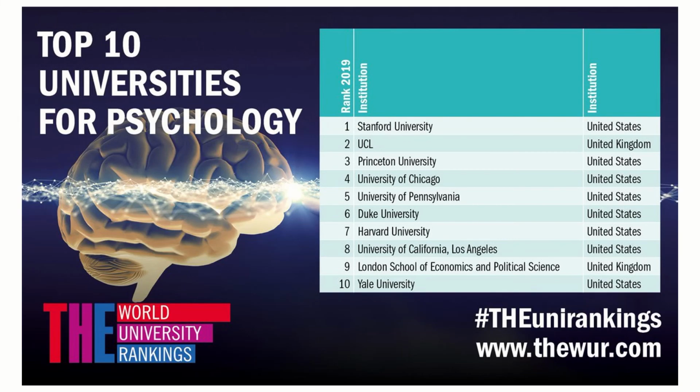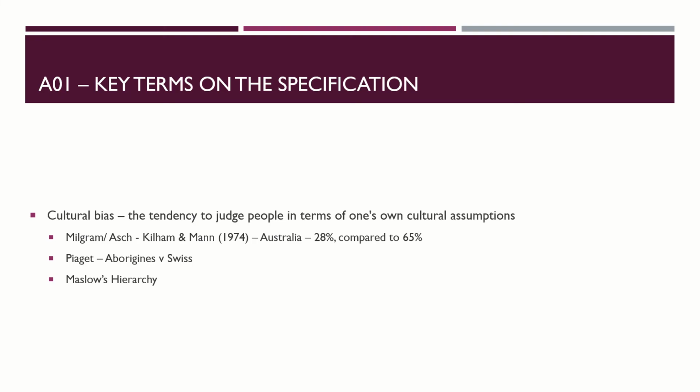So that's an example of a culturally biased theory, another culturally biased theory, and it is one that you'll look at in humanist. And of course, you can use it in evaluation point for humanist as well, which is quite handy. Okay, so a lot of the research we've developed, Milgram, Piaget, Maslow's hierarchy, they're research that can't be applied effectively to everybody.